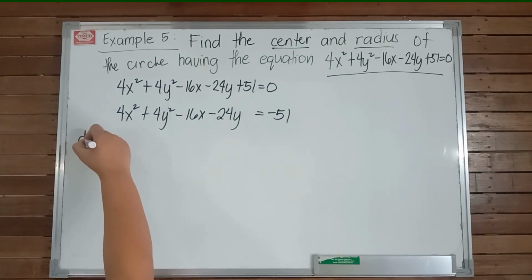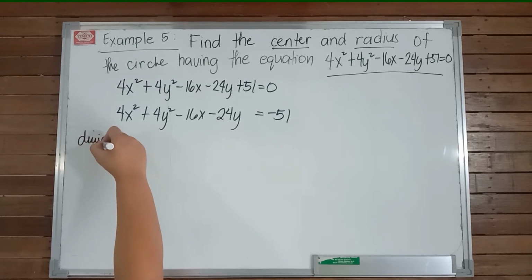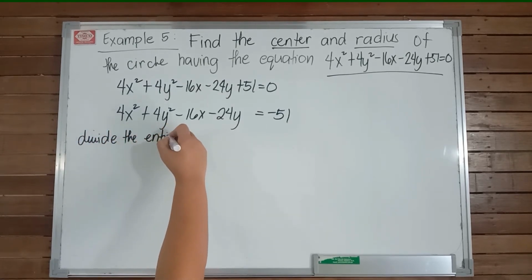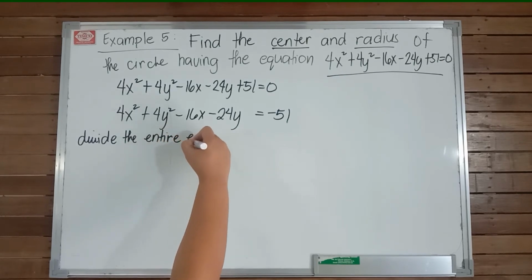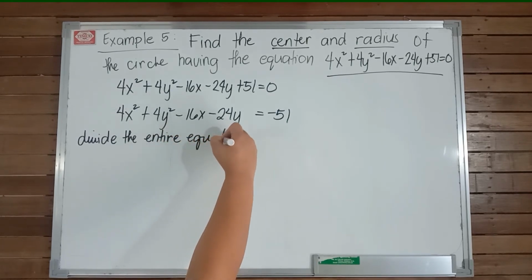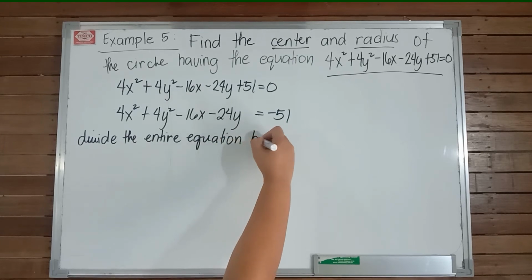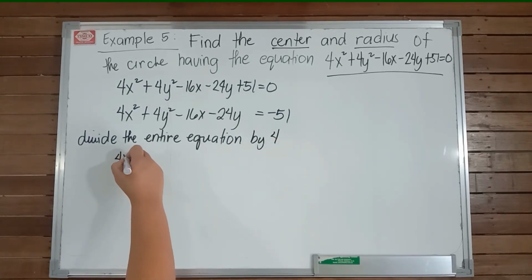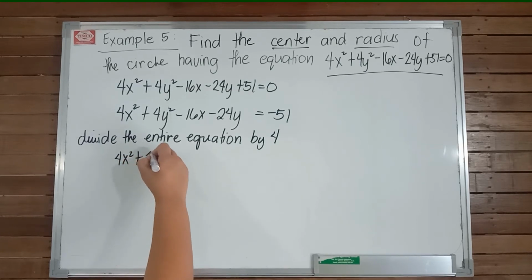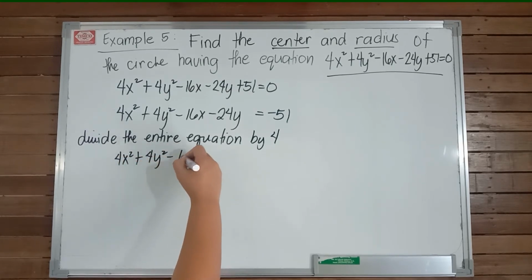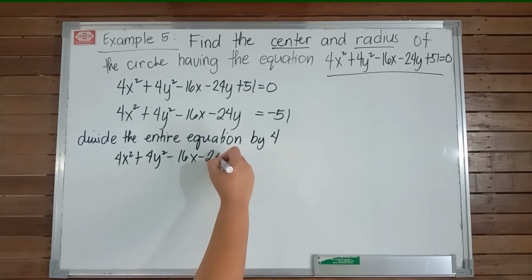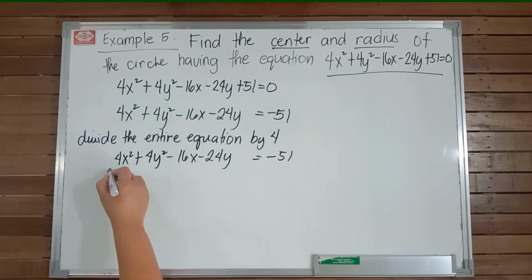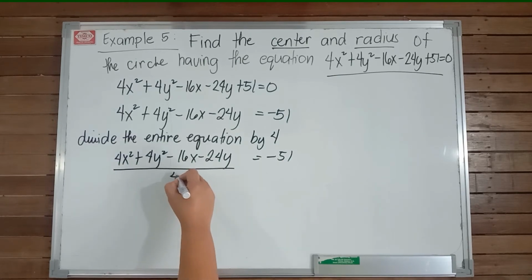Next, divide both sides of the equation by 4 to eliminate 4 para yung ating x squared at y squared, matanggal yung kanyang constant na 4. So, we will divide the entire equation by 4. Minus 24y equals negative 51, divided by 4.